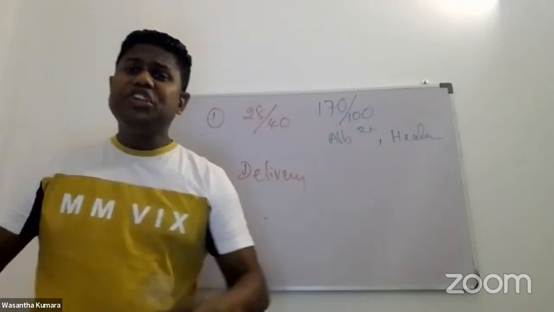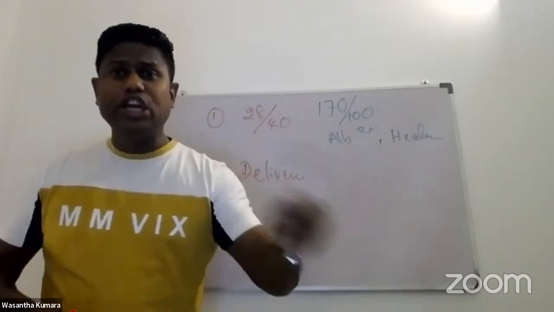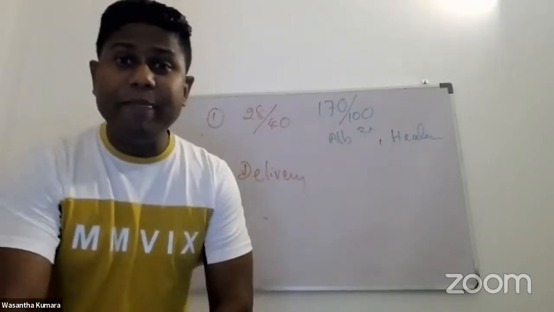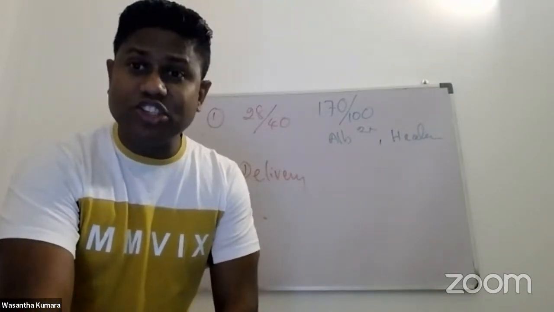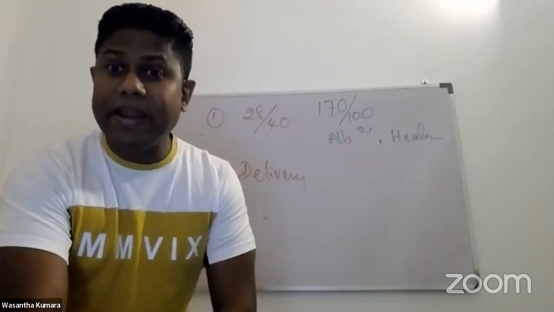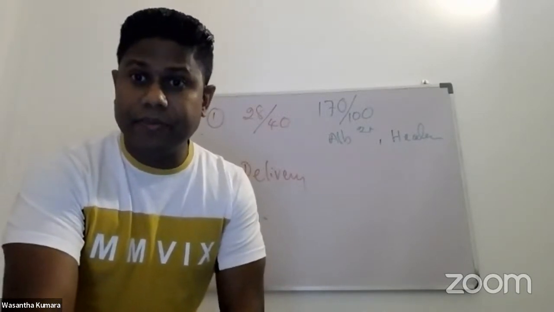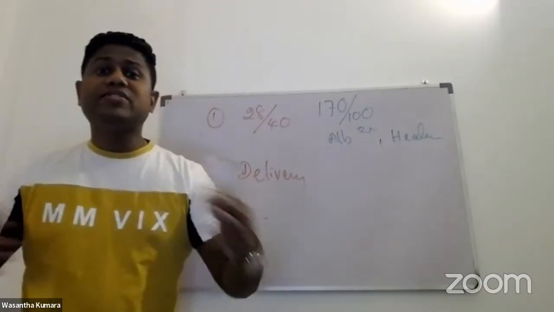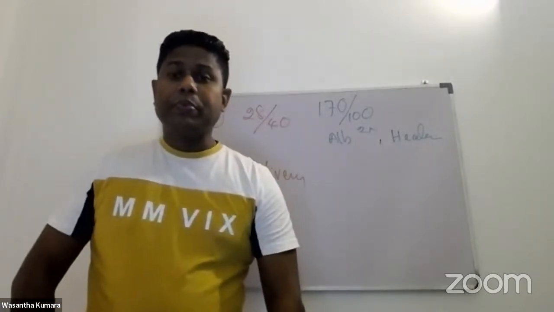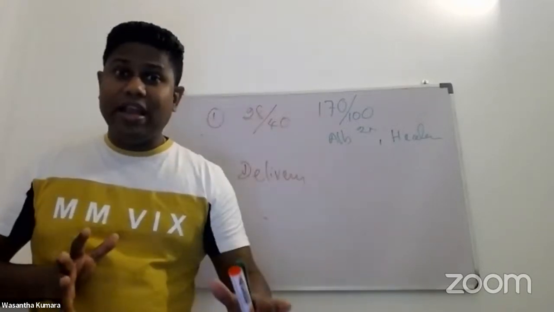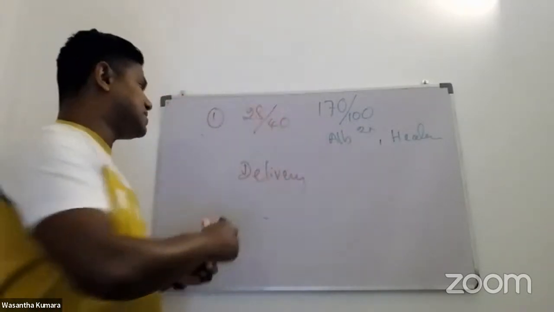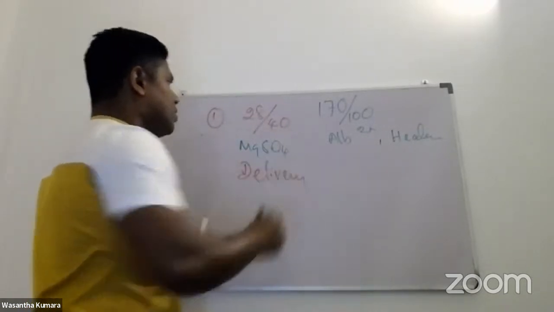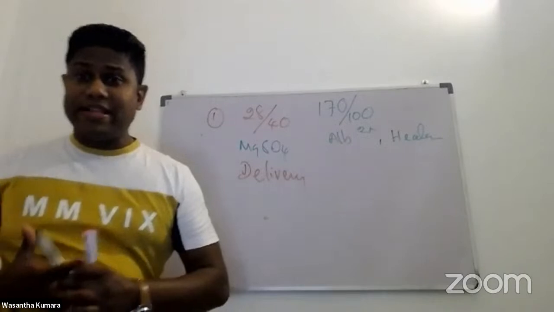But is she stable for delivery? No, she is not yet stable for delivery. Why do you say she is not stable? Because she is having impending symptoms and her blood pressure is high. So how can you make her stable? You have to make her stable by starting magnesium sulfate.